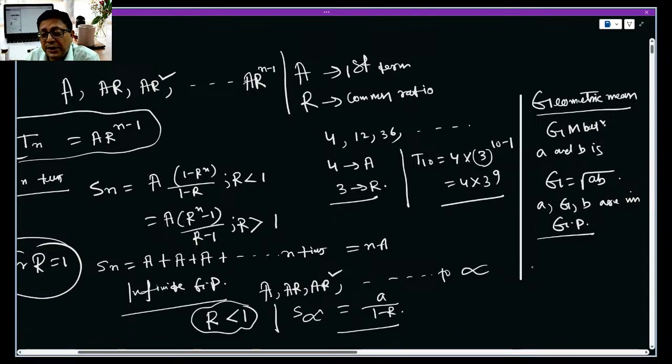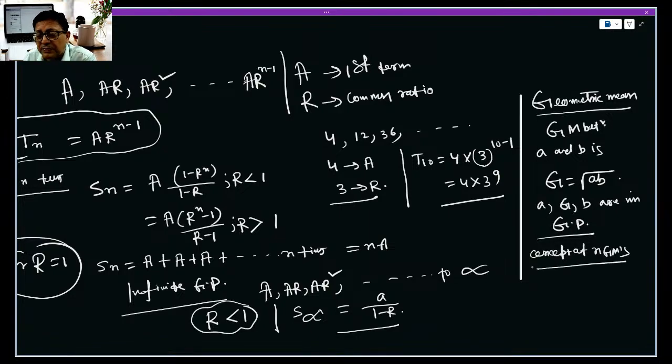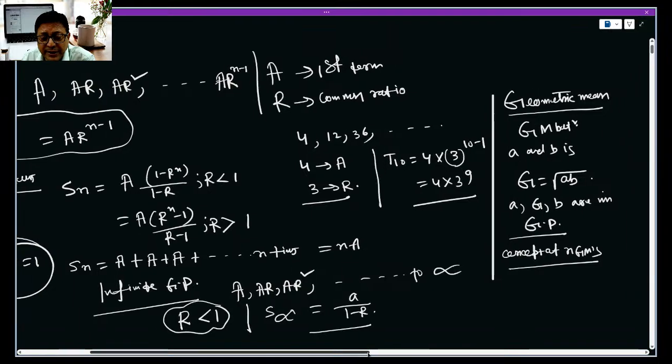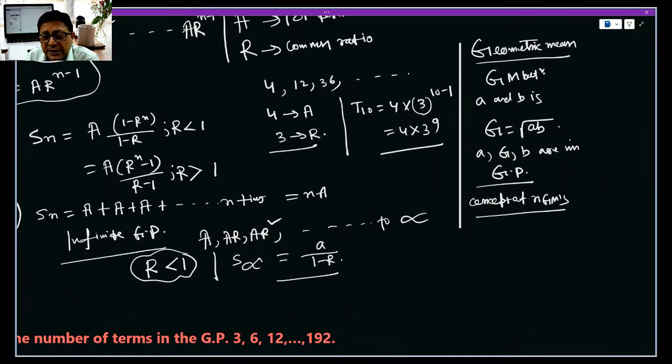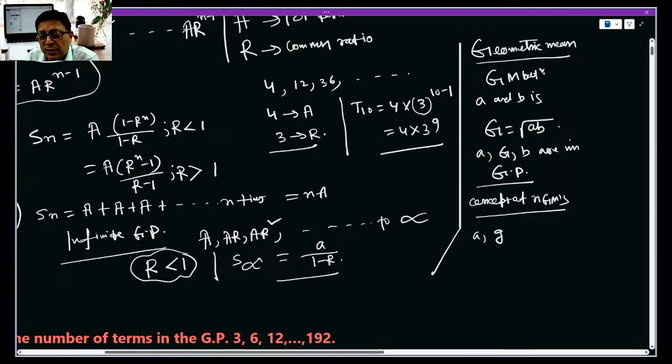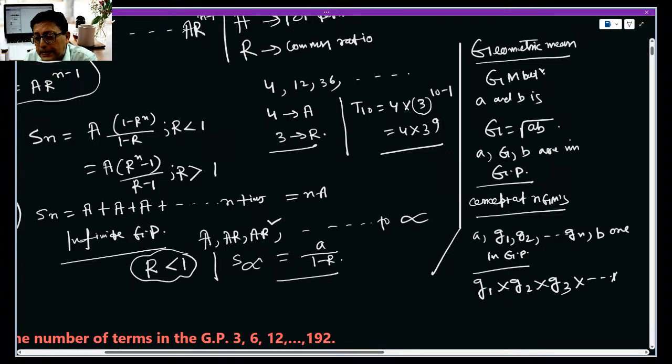What is the concept of n geometric means? For n geometric means, if we insert them between A and B, then A, those means G1, G2, up to Gn, B are in GP, and we have proved that G1 into G2 into G3 up to Gn, this product is going to be root AB to the power n.